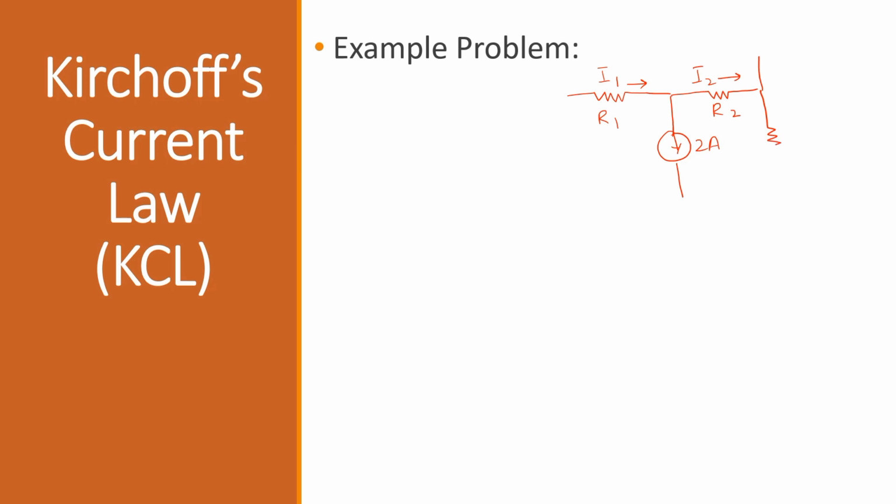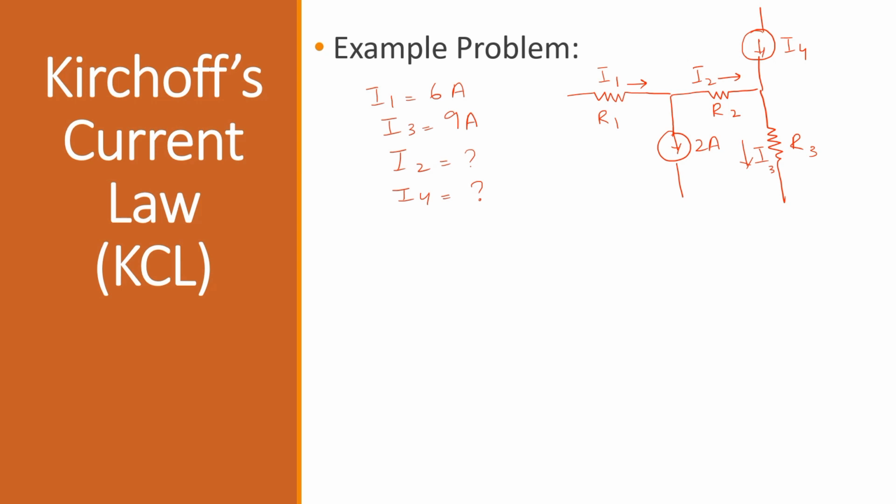This is R3 and I3 is flowing in this direction, and here is another current source I4. Now, if I1 is 6 amperes, I3 is 9 amperes and I2 is unknown and I4 is also unknown.